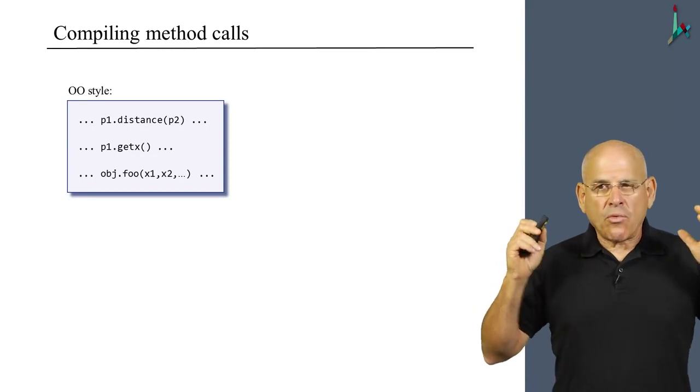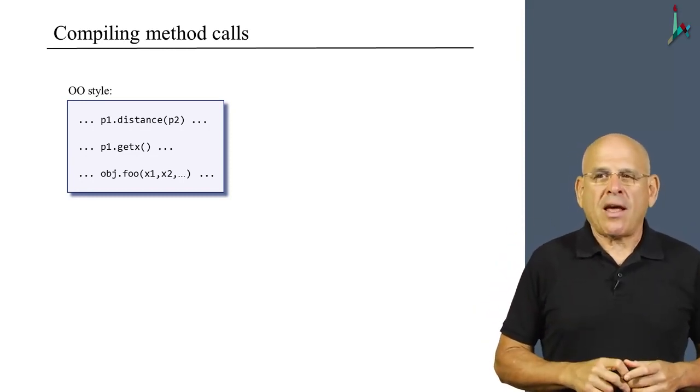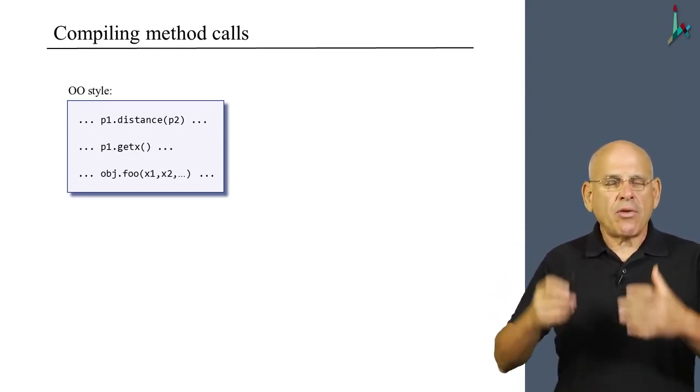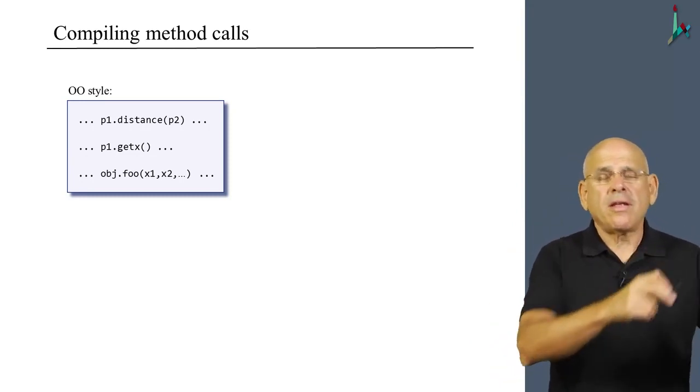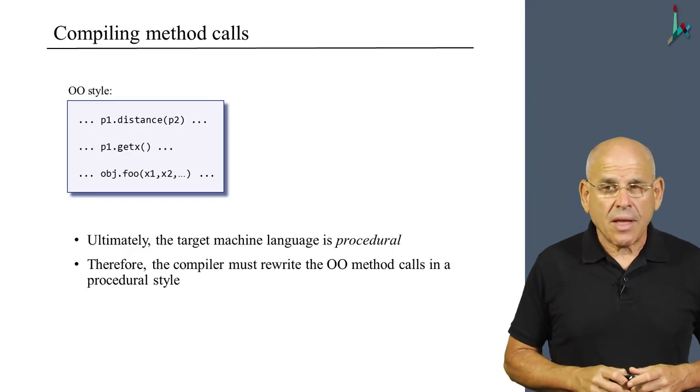That's the rule of the game in object-oriented languages. That's how you call a method on a particular object.